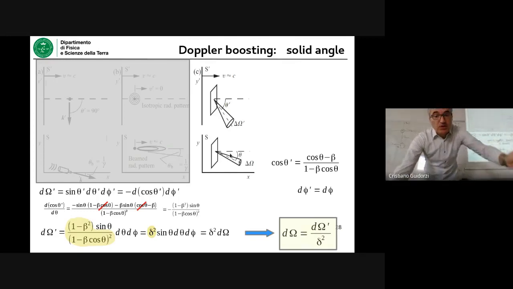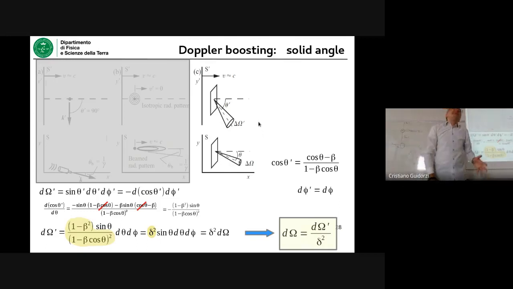And the corresponding effect on the solid angle is that the solid angle decreases by a factor of the Doppler factor squared. So it's smaller. And that's what is also shown here in the figure.